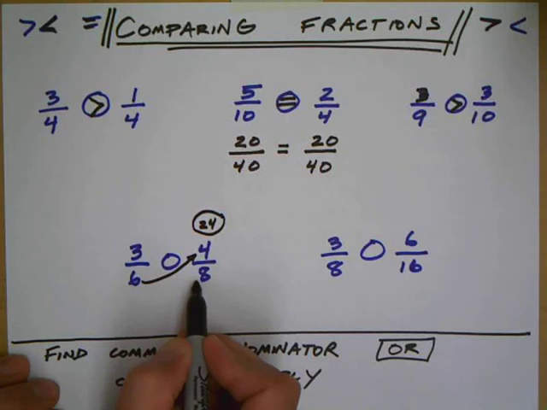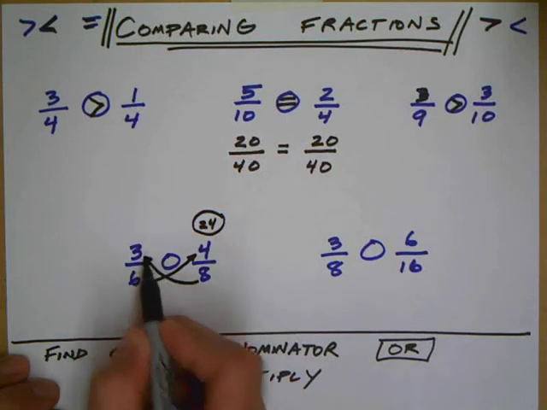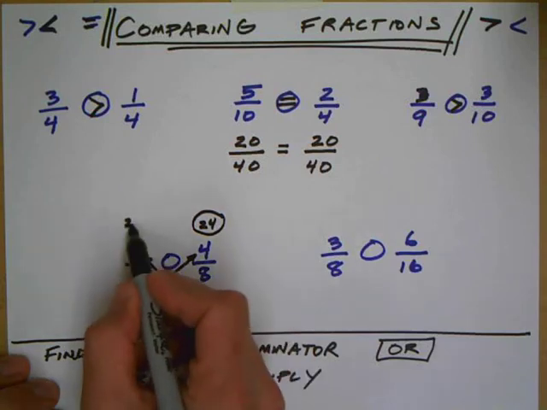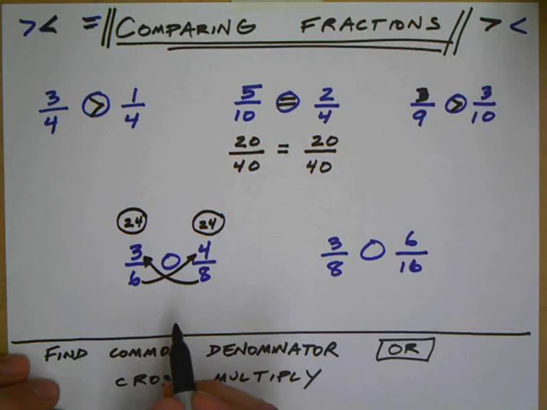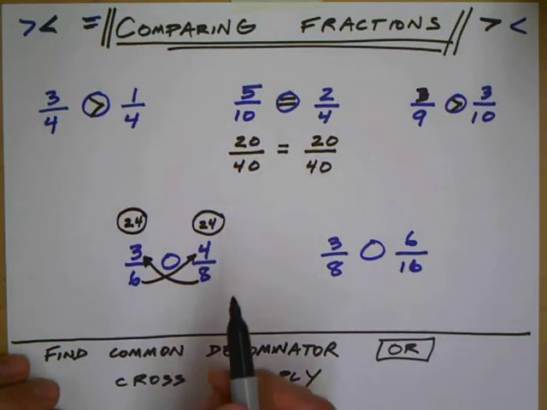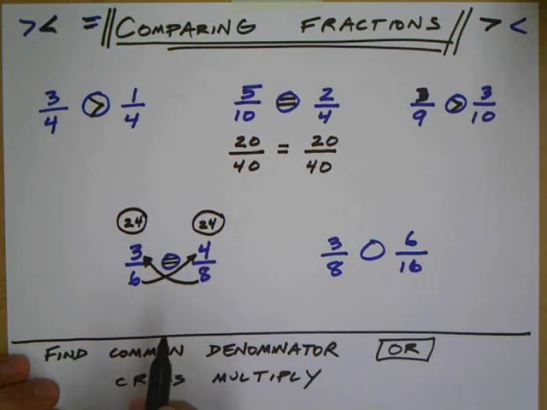Then you take the denominator here, which is an 8, and you multiply it times the opposite fraction's numerator. 8 times 3 is 24. Whichever fraction has the larger number above it is the greater fraction. In this case, you can see they both have 24, so the answer is equal.